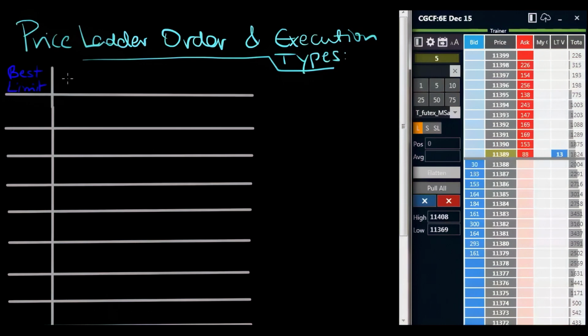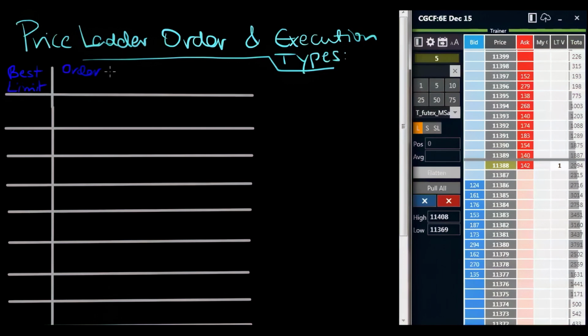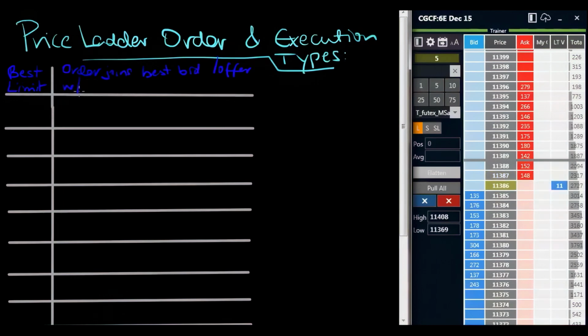Now, the best limit is basically an order whereby if you click best limit, your order joins the best bid or offer without the requirement of a price being entered. That is your best limit order.